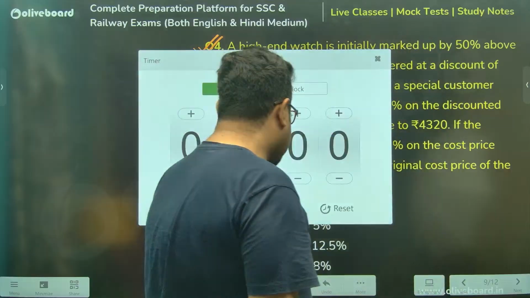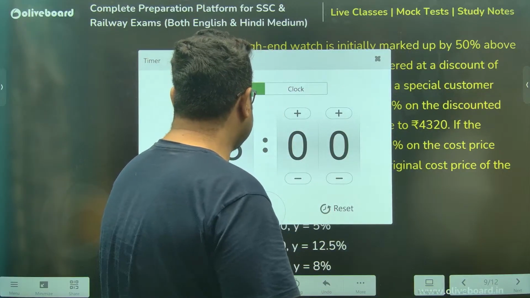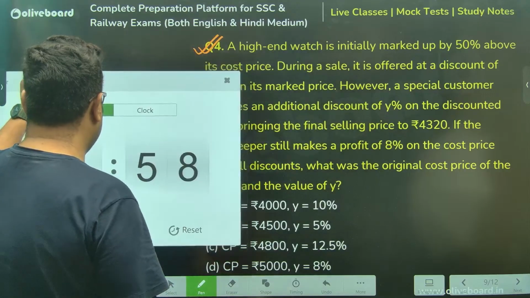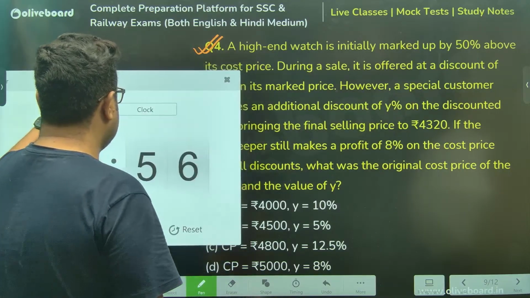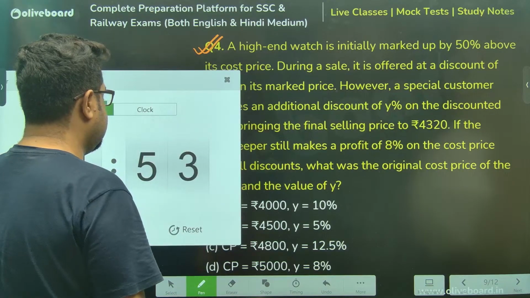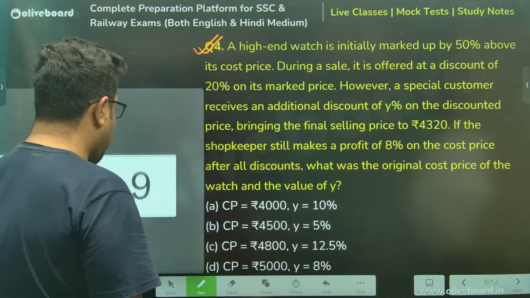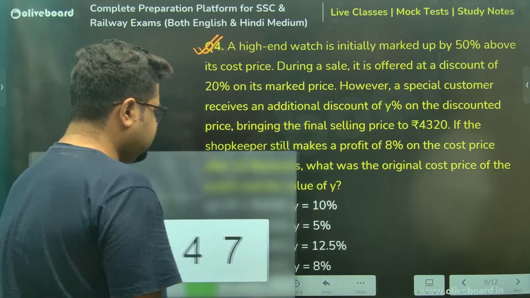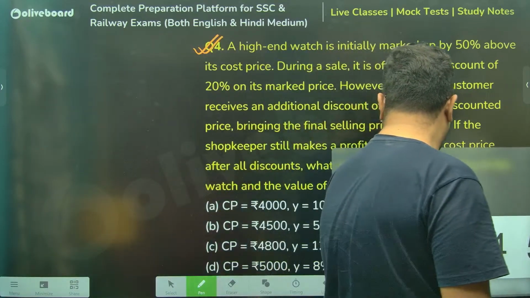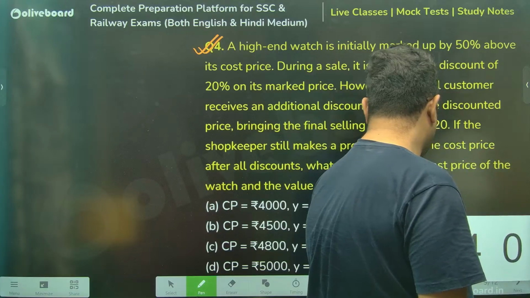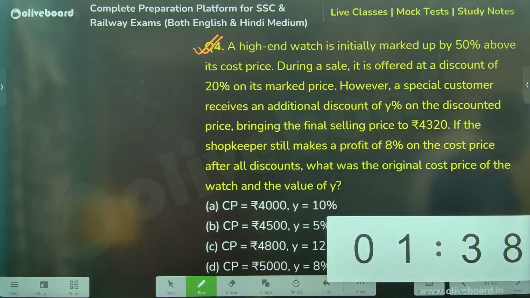I'll give you a couple of minutes to solve. This is this year's question only. So please try to solve this. Just a second. I don't know where I'm putting it. It will work now. Okay? You might be able to see. The third option is 12.5%. Keep that in mind.